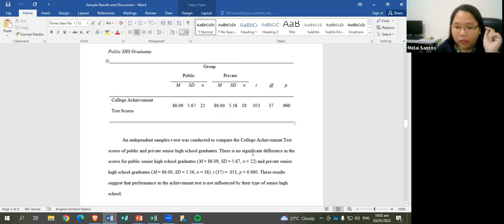Now, please remember that you have to put all this data here. Keep this sample results and discussion. It would be very, very helpful for you because all of them should be written there. This is the APA standard format of writing your tables, writing your data. I don't know why it has to be there.